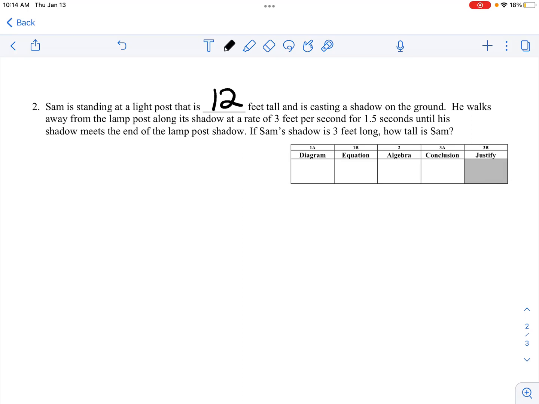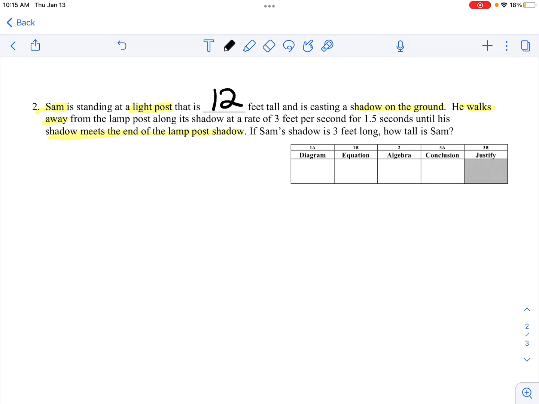Okay, so again, my first point of just reading is to figure out what I have in this problem. I notice that I have Sam. He's standing at a lamppost. We're talking about shadows on the ground. He walks away from the lamppost, and then his shadow meets the lamppost shadow. So here we go.